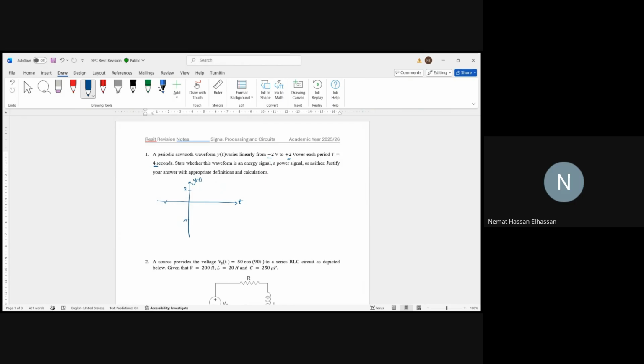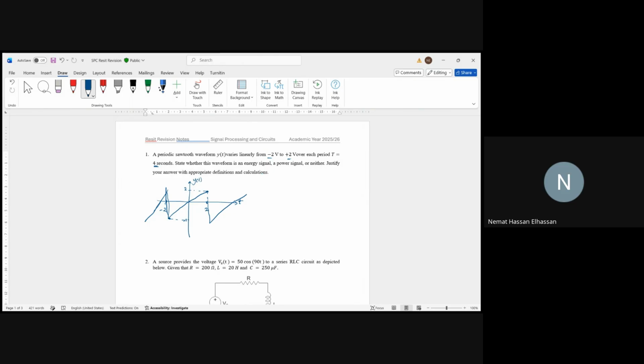So if I take these 4 seconds to be from negative 2 seconds to positive 2 seconds, it goes from minus 2 to positive 2. So this is the shape of my sawtooth signal. And then it repeats this shape. It goes again from minus 2 to positive 2, and again from minus 2 to positive 2. So this is the sawtooth signal we're looking for.